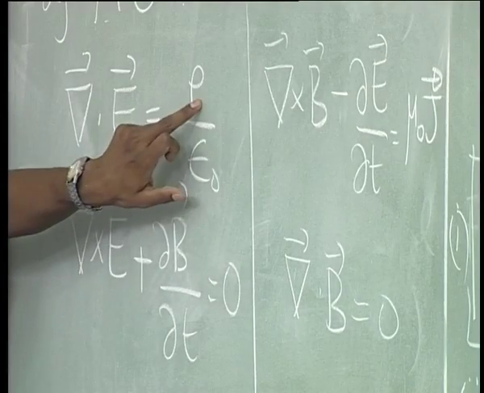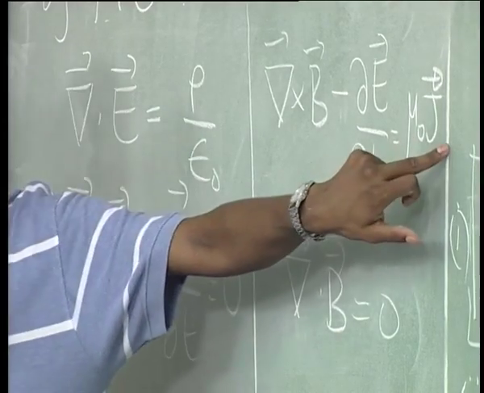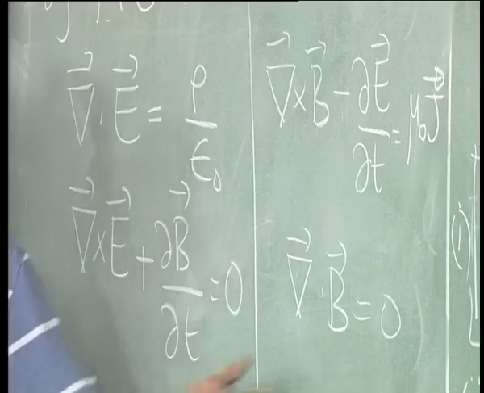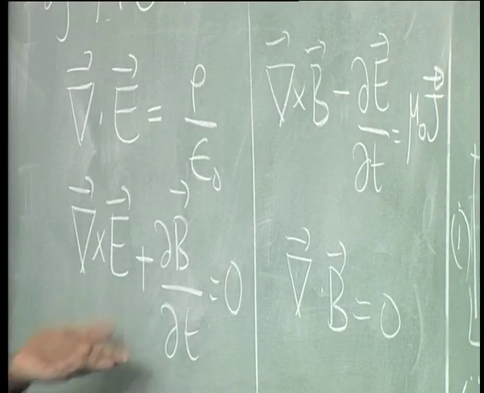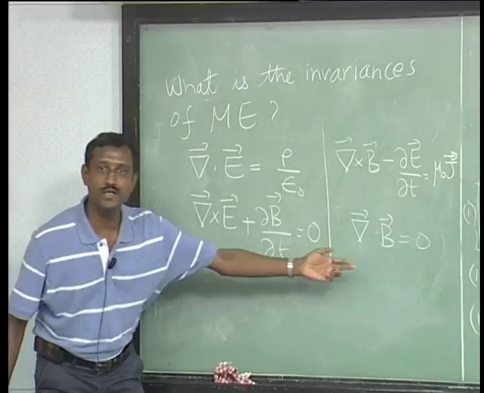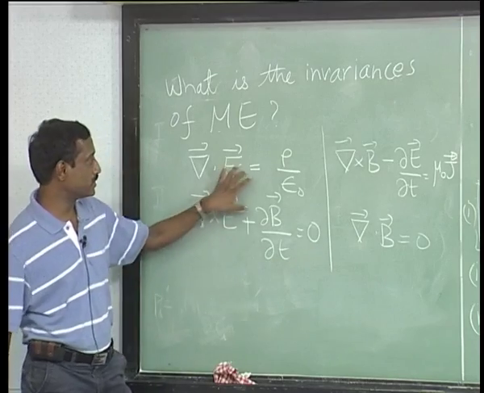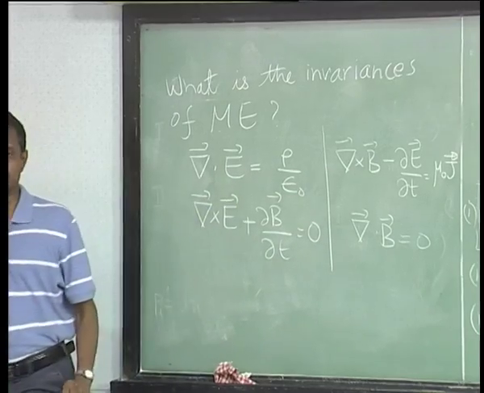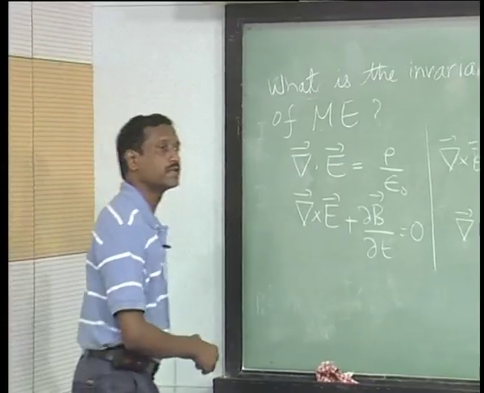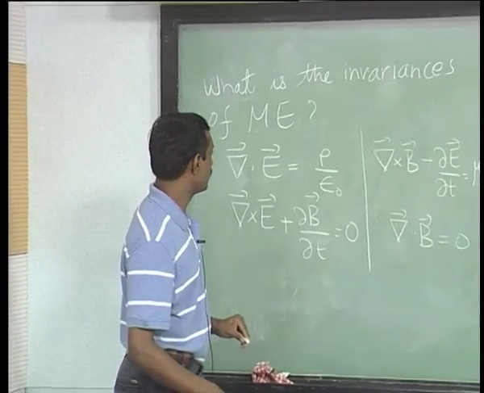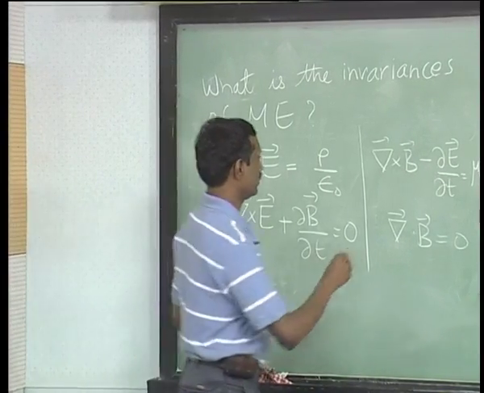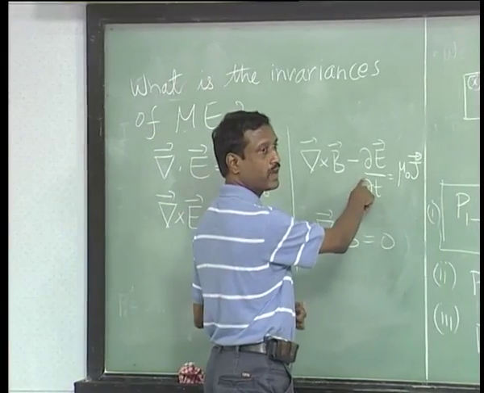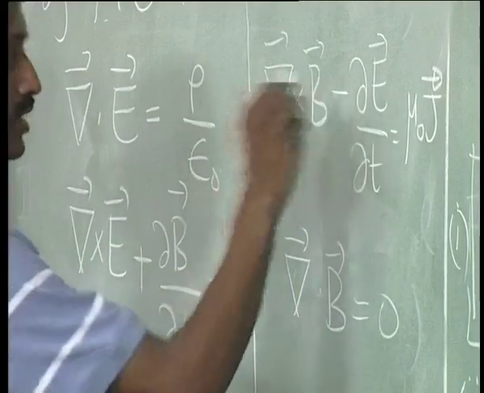So this is the charge density and this is the current density, while these just hold independent of whether there are sources or not. These are the source free Maxwell's equations, and these are the ones with sources. Okay. Yes. Where? Here. It's 1 by just mu naught epsilon here.